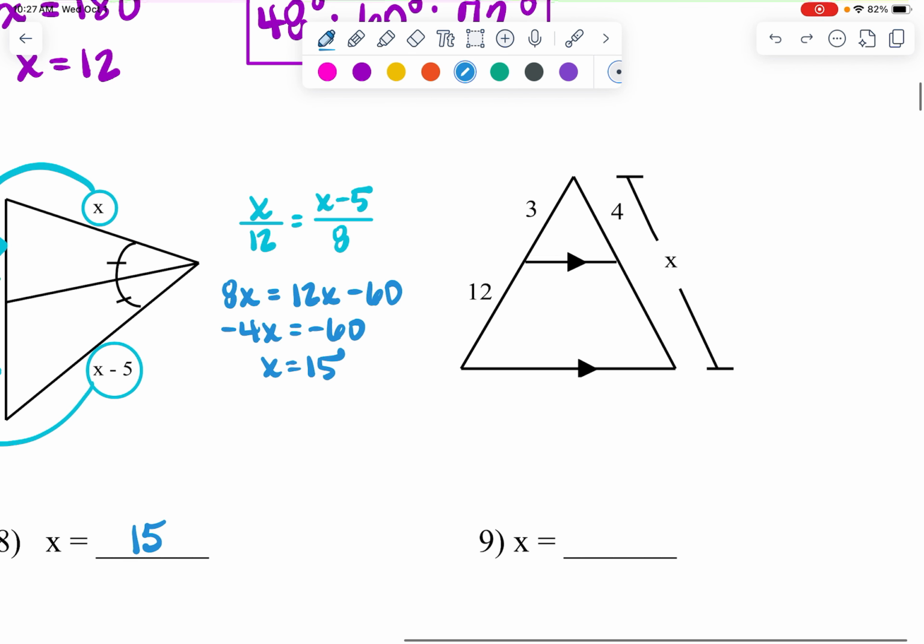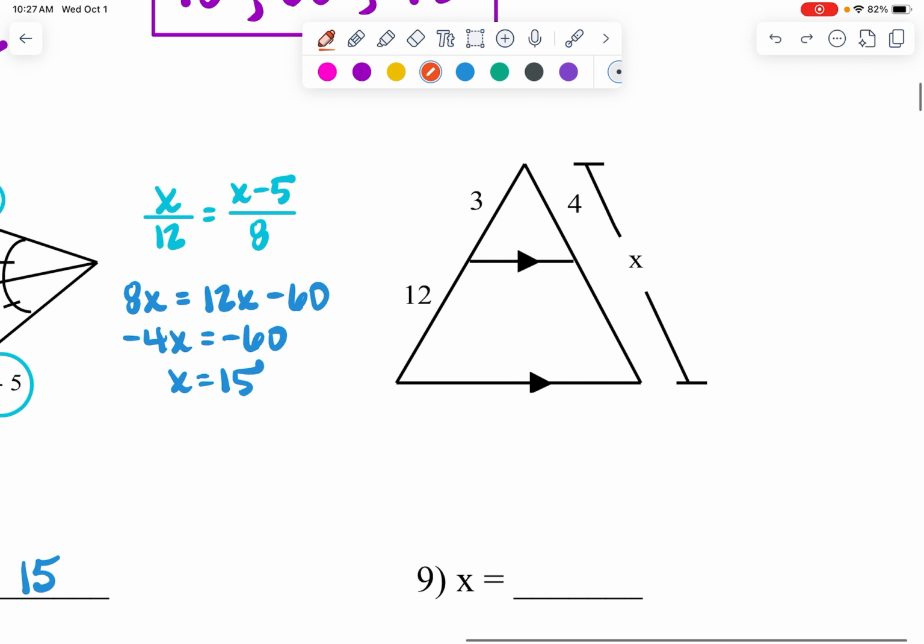All right, on number 9, there's 2 different ways you can do this problem. You can do the proportionality theorem, which says this is to this as this is to this, in which case you would need the algebraic expression x minus 4 to represent that piece. That is the proportionality theorem of parallel lines.